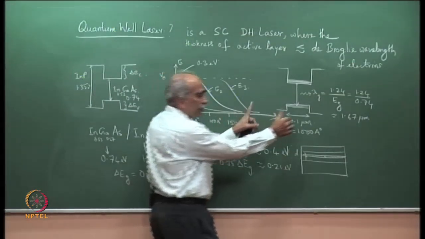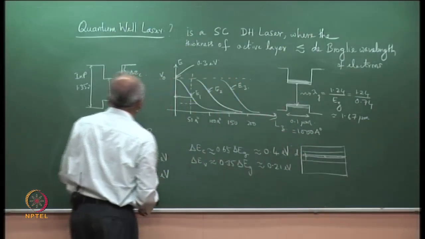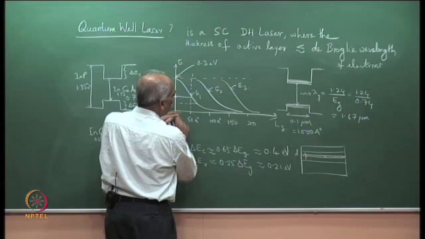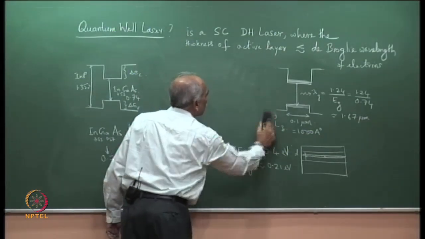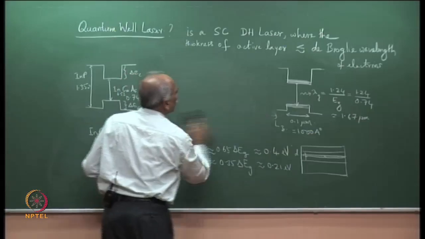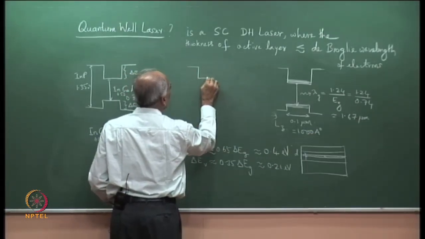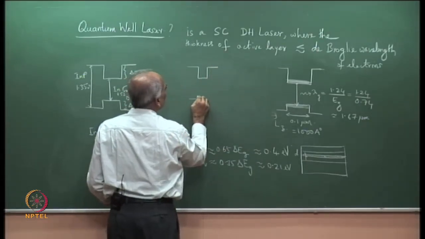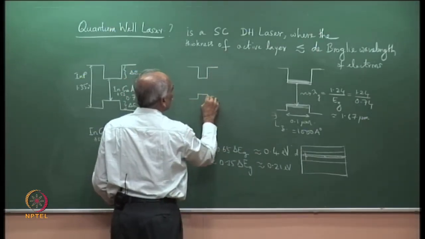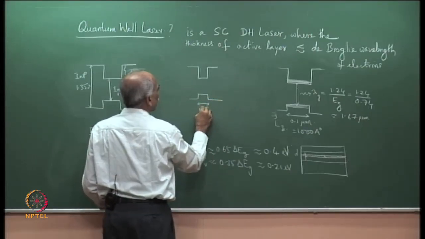If you now reduce this from 1000 angstrom to 100 angstrom, let me erase this. So, now I am reducing it to 100 angstrom. This is not exactly to scale. So, this width now is 100 angstrom.